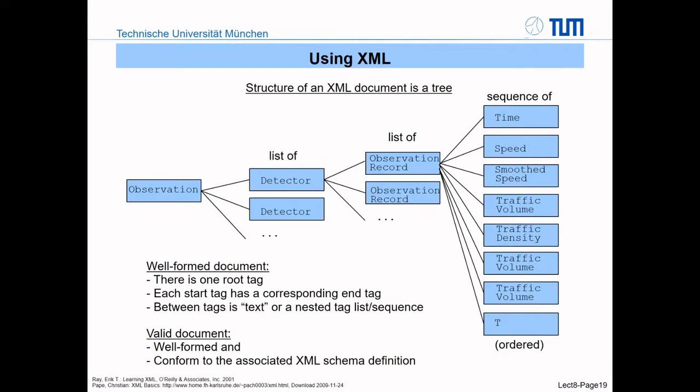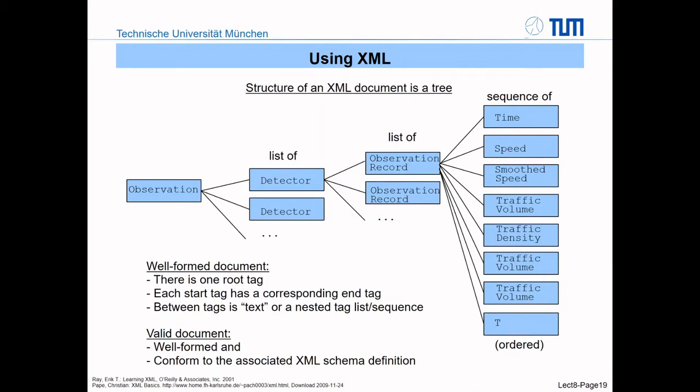So in our case, for example, if you want to represent the data which we saw before, you have the higher root element observation, and then you start with the tree. You have a list of detectors. So you have a detector block and then a detector block, and each detector block contains observation records, and each observation record must be built by time, speed, smooth speed, traffic volume, and so on.